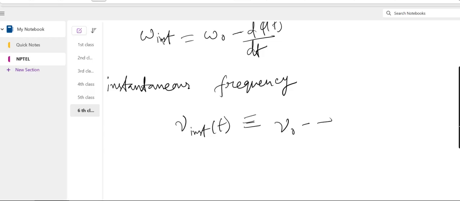It will be nu equals 1 by 2 pi d phi by dt. By mistake I was writing d nu, but it's not d nu, it's d phi by dt. This phi is a function of t, that means the temporal phase.